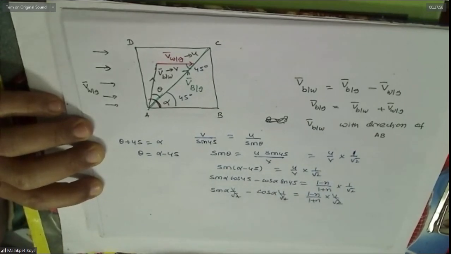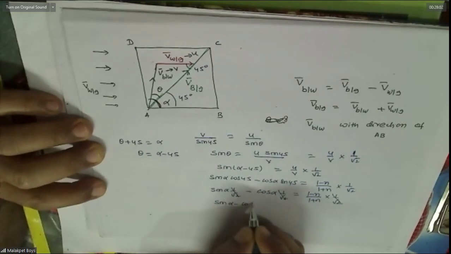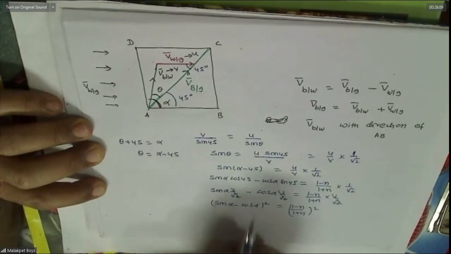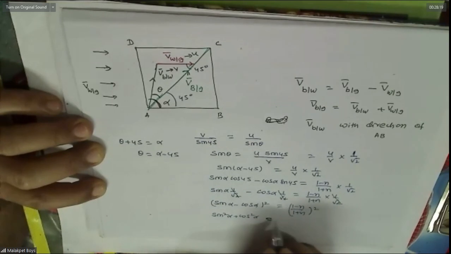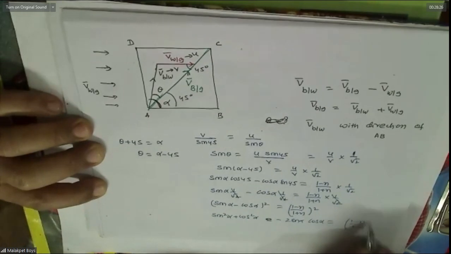Agreed, sir. Now if you square on both sides, to find alpha we should do something, or convert this into sine by taking root over 1 minus sine square alpha. If you take this, you have sine square alpha plus cos square alpha minus 2 sine alpha cos alpha equals (1 minus n) by (1 plus n) whole square.